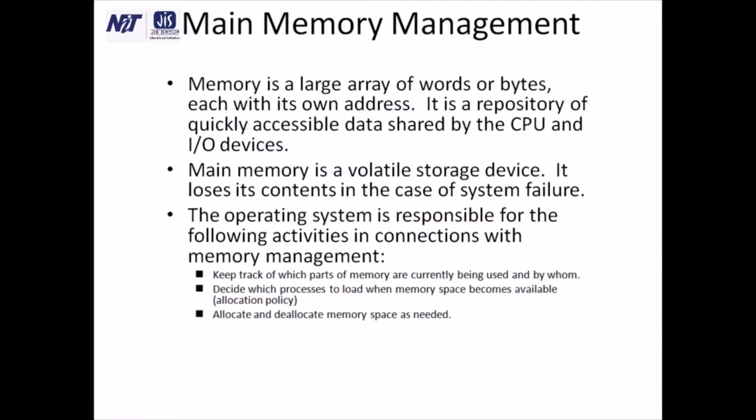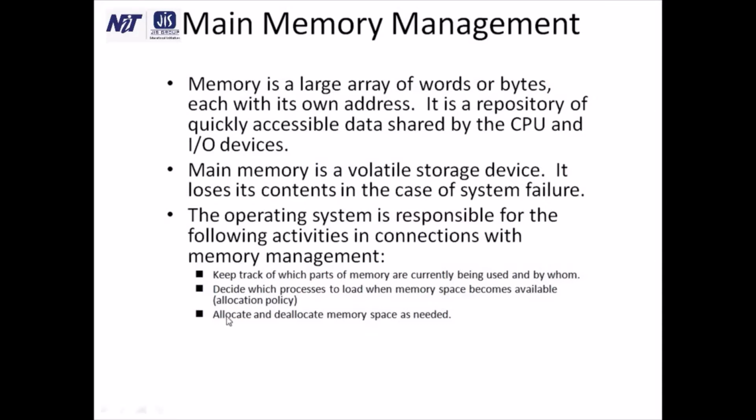In main memory management, what happens? The memory is a large array of words or bytes, each with its own address. It is a repository of quickly accessible data shared by the CPU and IO devices. The main memory is a volatile storage device. It loses all its content when the system fails. The operating system is responsible for the following activities in connection with memory management.